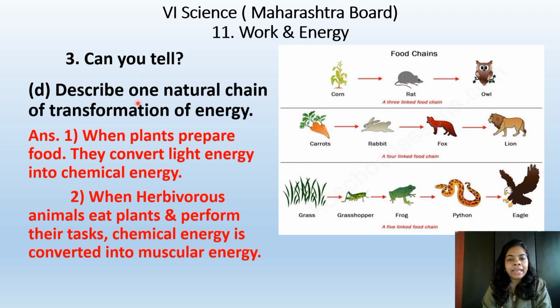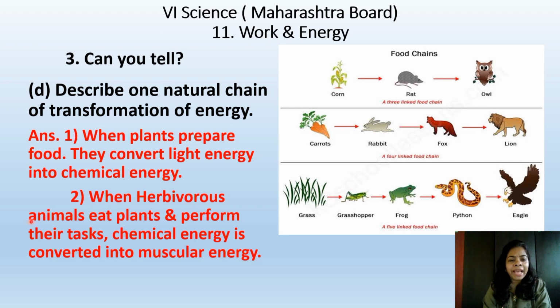D. Describe one natural chain of transformation of energy. There are 3 chains given here, children. We have to explain just one. When plants prepare food, they convert light energy into chemical energy. The plants are preparing food and they are converting the light energy into chemical energy.